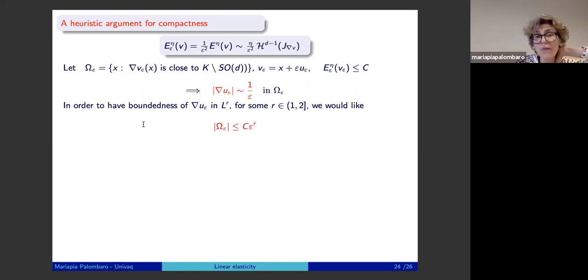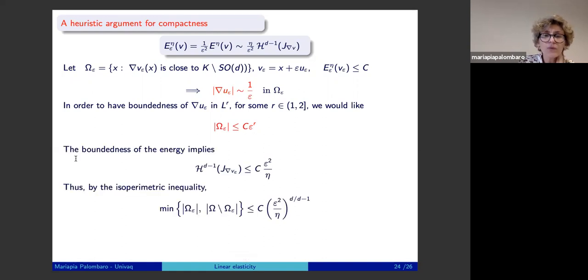So if we want to have compactness in L^R for some R, it would be useful to have an estimate on the measure of this set, of this form: that the measure of omega epsilon is less than epsilon to the power R.